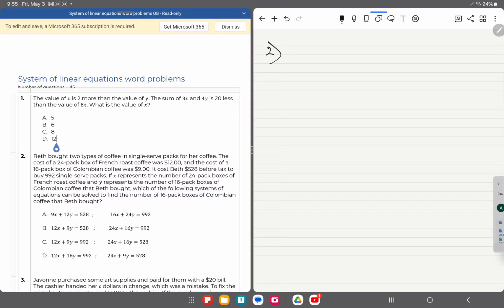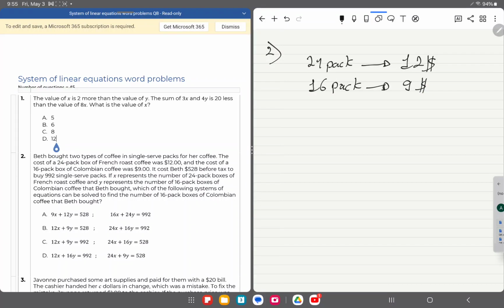Now Beth bought 2 types of coffee in single serve packs for her coffee. The cost of the 24-pack box of French toast was $12. And the 16 pack is $9.